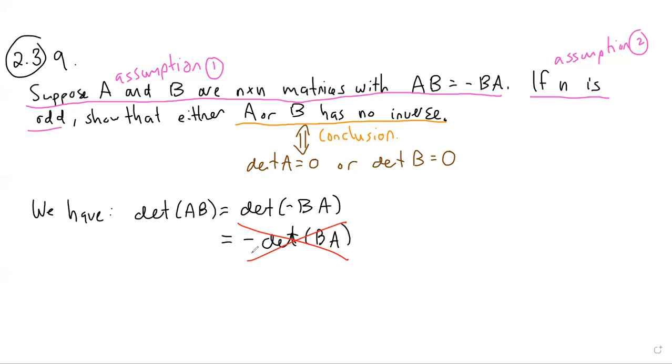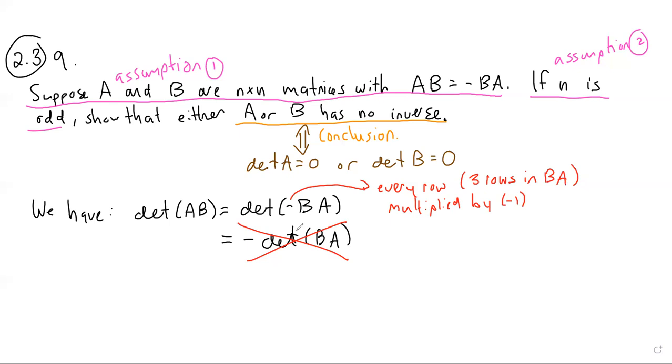If we are multiplying this whole BA matrix by negative one, remember what that means is that every row gets multiplied by -1. And if every row is being multiplied by -1, remember that's a row operation whose effect is multiplying the determinant by -1. There's 3 rows because B and A are both 3 by 3 matrices.